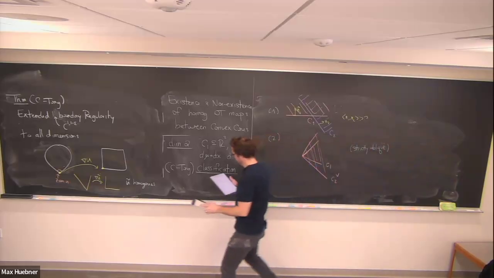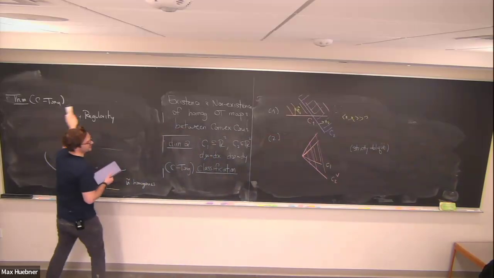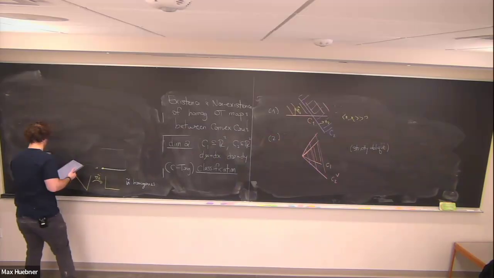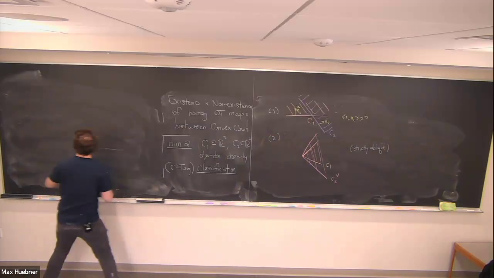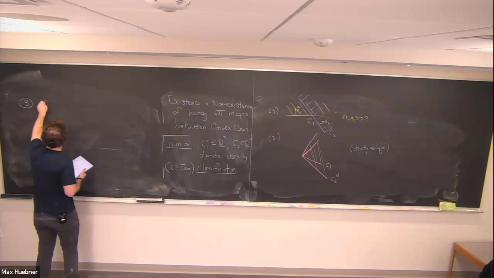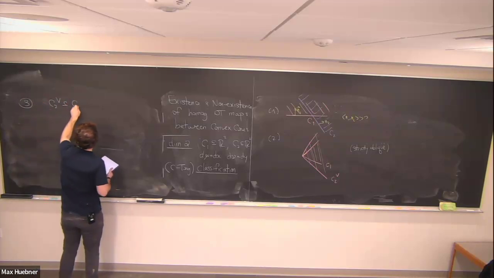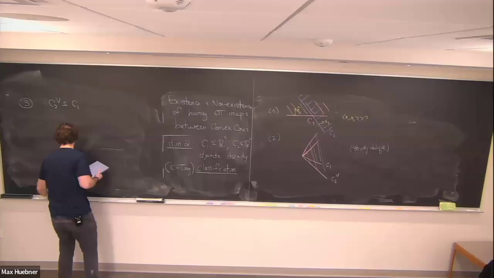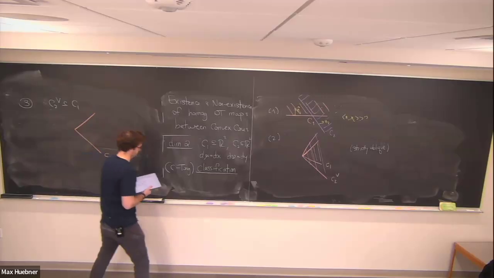Case 3 is when the reverse is true: C1 contains the dual of C2, so C2 dual is contained in C1.